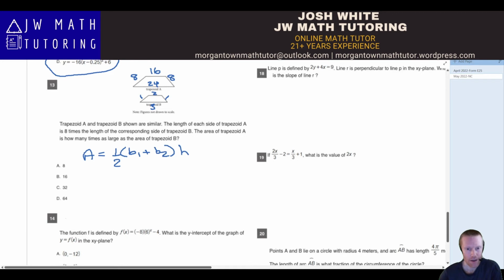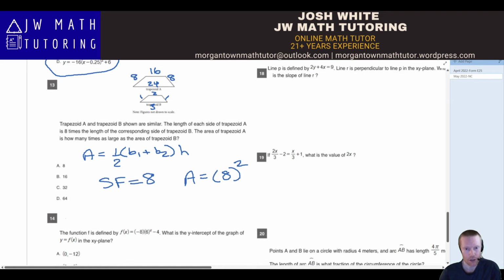Whenever you have one shape which has individual sides that are so many times larger than another shape, in other words, the scale factor in this problem is 8, between the corresponding sides, when you go to find the ratio of the areas of whatever the figures are, the ratio of the areas is going to be that scale factor squared.